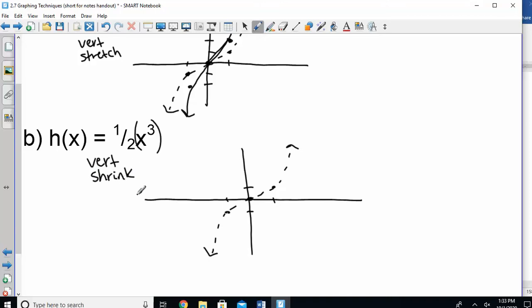Now, if you have something and you take it to half its height, it should get shorter. So we take our y values times a half. 0 times a half is still 0. 1 times a half is 1/2. Negative 1 times a half is negative 1/2.